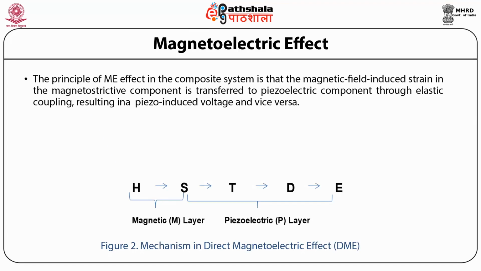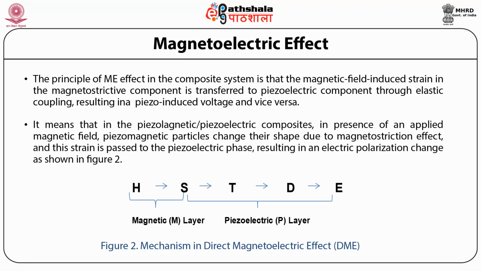The principle of magnetoelectric effect in the composite system is that the magnetic field induced strain in the magnetostrictive component is transferred to the piezoelectric component through elastic coupling, resulting in a piezo-induced voltage and vice versa.